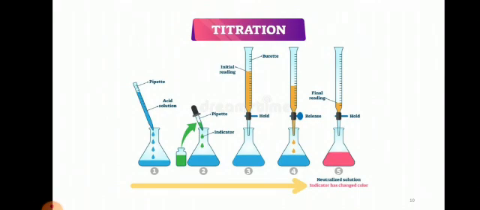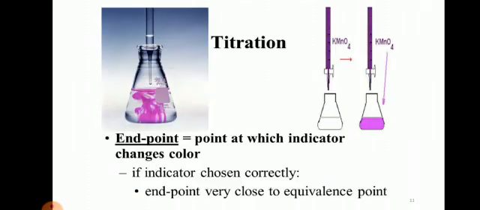Till the color changes. See, initially the color is blue, and when we add a small amount of KMnO4 or the burette solution, still the color is blue, but when the reaction is completed, a pink color is obtained. So we will say that it is the final reading, the reaction is completed.